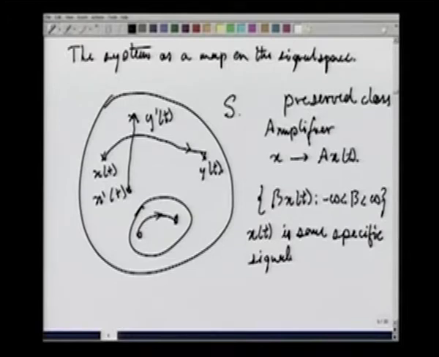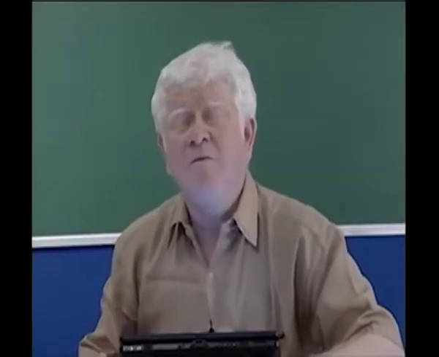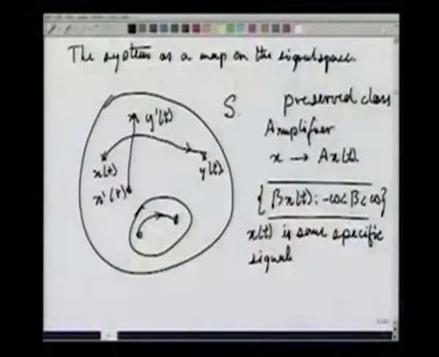You will recognize that this preserved class, or rather this collection, is indeed a preserved class under the operation of an amplifier, a system that is an amplifier. For any amplifier system, this will constitute a preserved class.